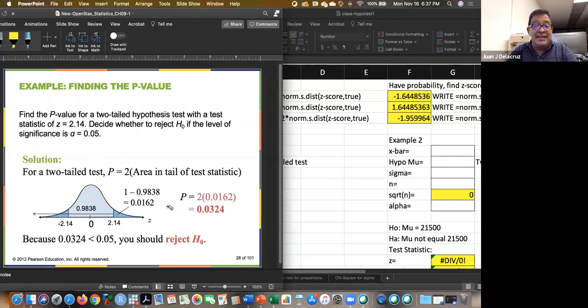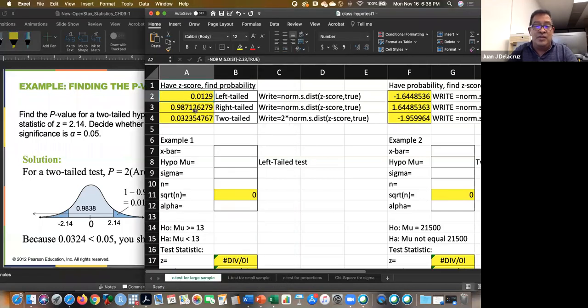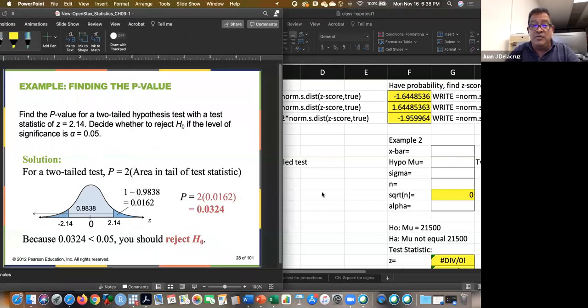We can either find the value to the right, or I can easily find the area under the curve here. I'm going to use the minus 2.14 with this function, and that gives 0.0162.